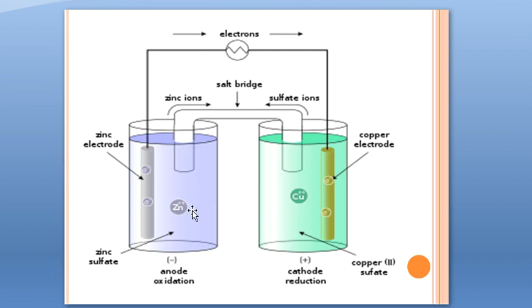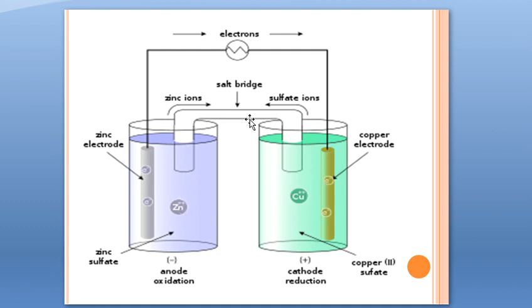Thus they need to keep moving. And how do they keep moving? They move through this salt bridge. As you can see, there are arrows, they have the proper direction. Zinc ions move from this direction to this direction, and sulfate ions move from this direction to this direction, thus maintaining the electrical neutrality of the cell, which is very important, without mixing of the solutions.